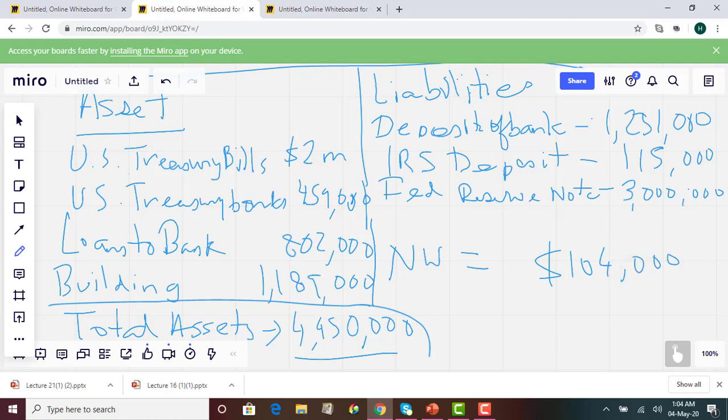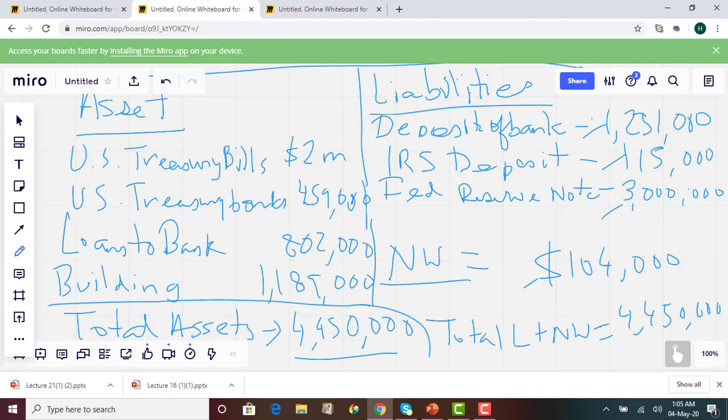And at the very bottom we will write total liabilities plus net worth, which is basically adding these three items and the net worth, which should be equal to the assets, because assets always equal liabilities plus net worth or equity. So it's very similar to what we did for a bank, just the items classified under each are different, and you have to think from the point of view of the Fed now instead of the bank.